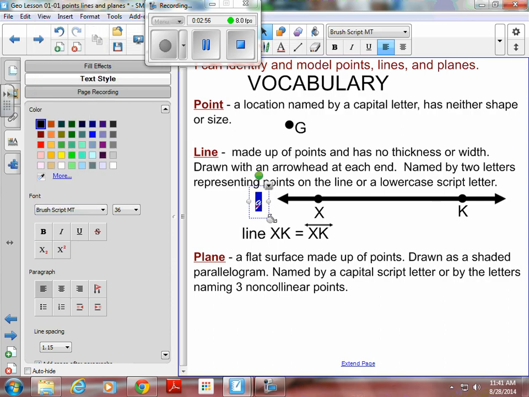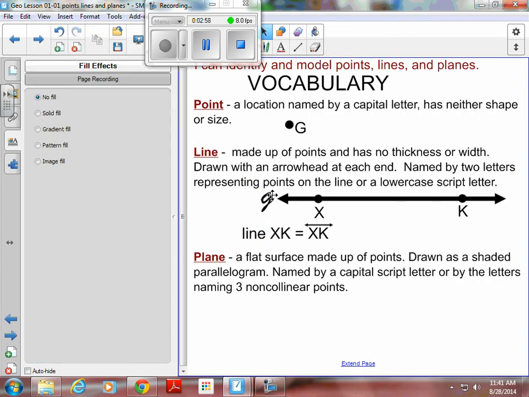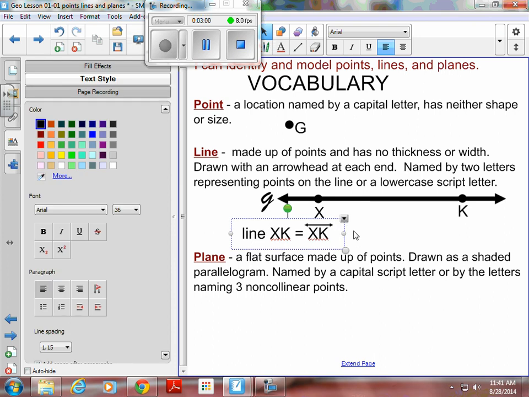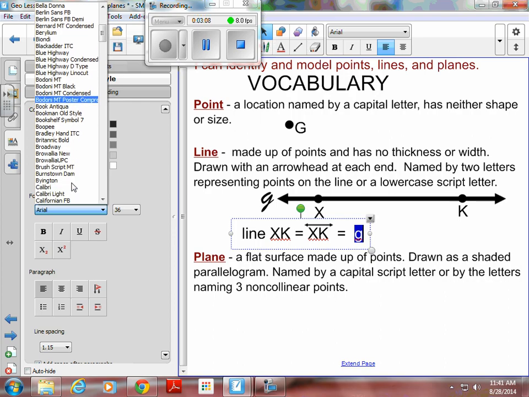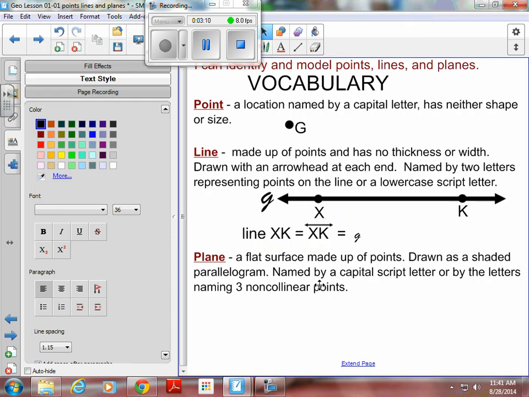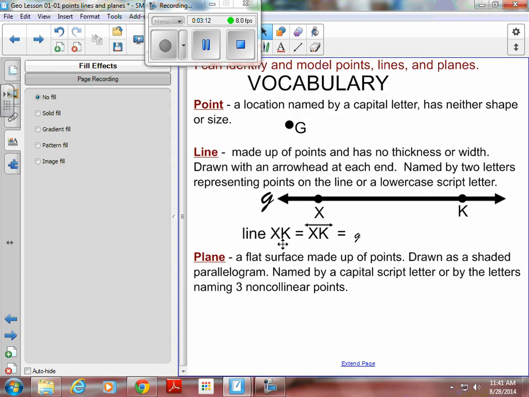Okay, and so there is a scripted g. So line XK, you can say line XK, or you can say line g.